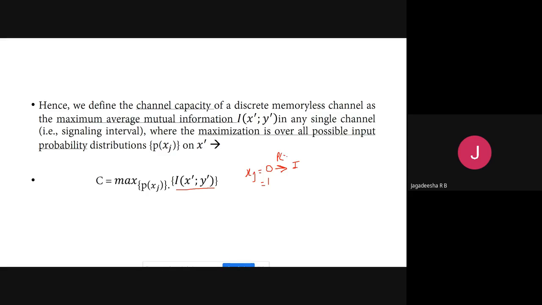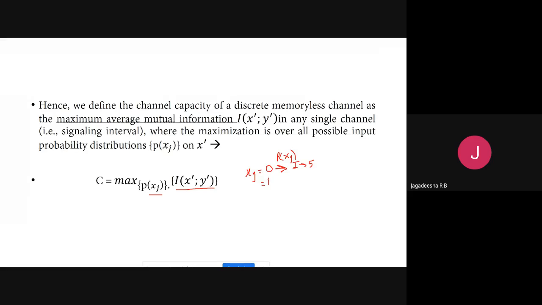You get some value for I. Maybe the mutual information is, I just write an example value here, 5. Then again, another value of xj. What's the possible value of xj?